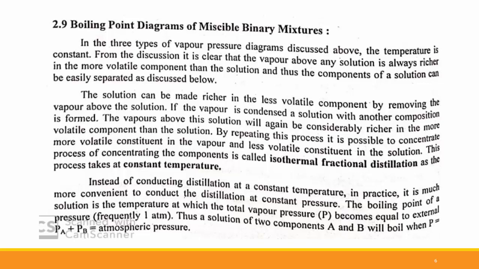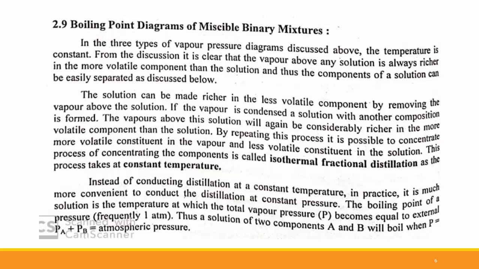Like the vapor pressure diagram, which is nothing but the PN diagram, that is the vapor pressure P with respect to the mole fraction, the boiling point diagrams are nothing but the TN diagrams, which correspond to the temperature. In the vapor pressure diagram, the temperature is kept constant.